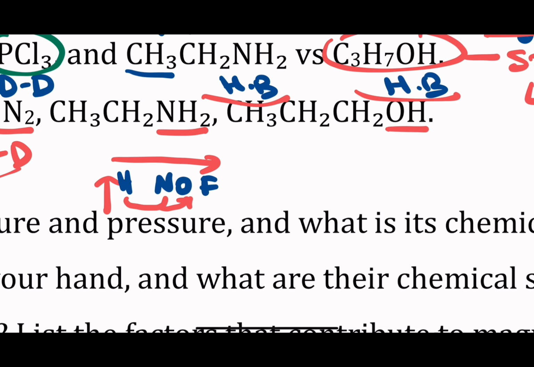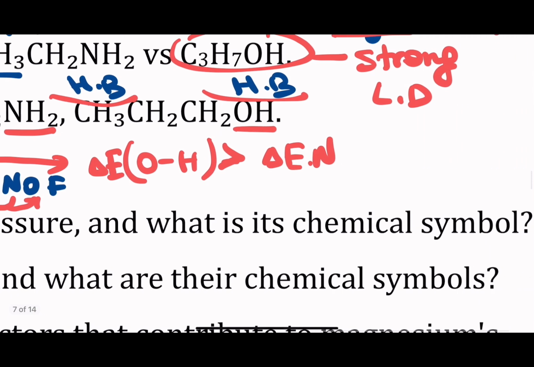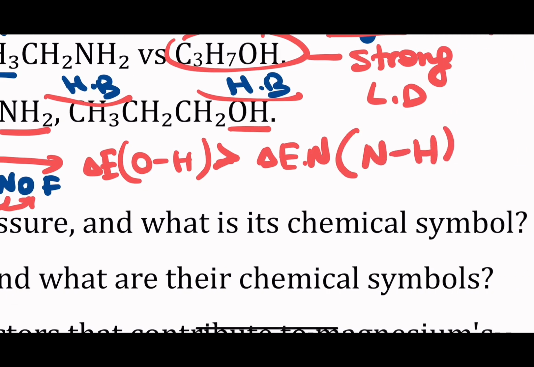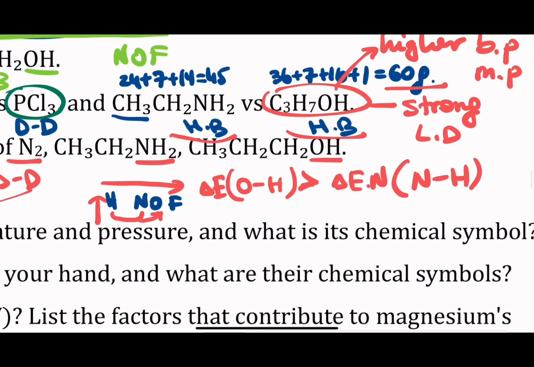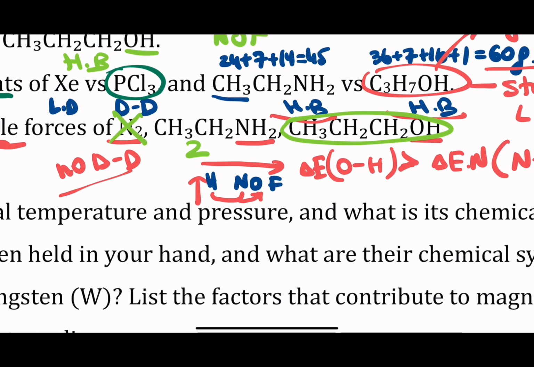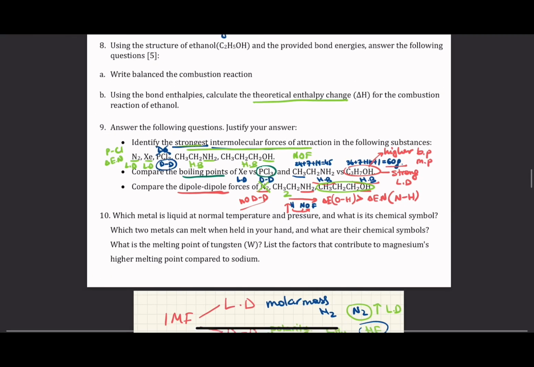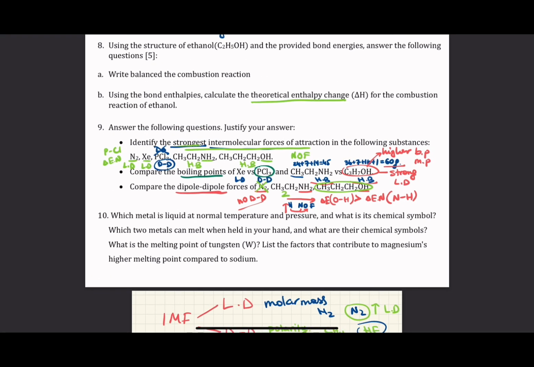So the electronegativity difference of oxygen and hydrogen will be higher than that of nitrogen and hydrogen, because nitrogen has a lower electronegativity, and that's why CH3CH2OH will have the highest dipole-dipole. This one will be second, and this one doesn't have any dipole-dipole, so we'll put it in third place. So that is that, guys.